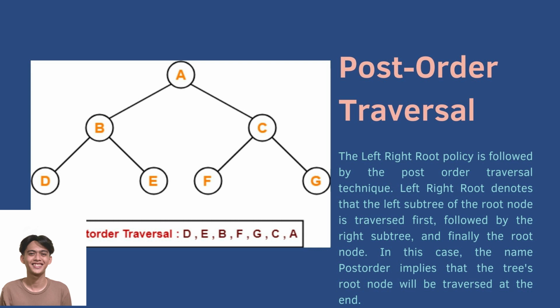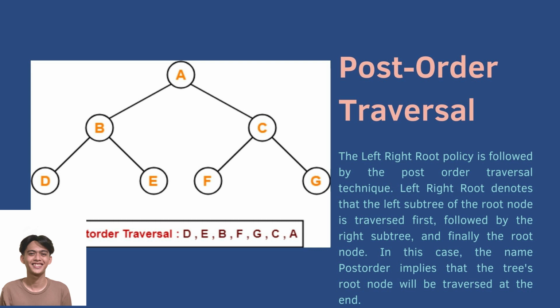We'll go to left, which is node D, and right, which is node E. But if there's nothing else under node D or E, we're going to ascend to its parent, which is node B.